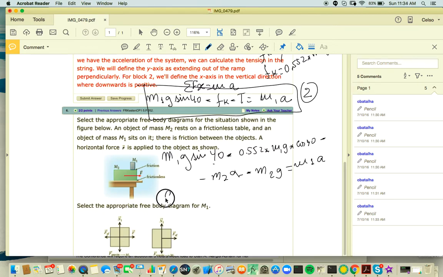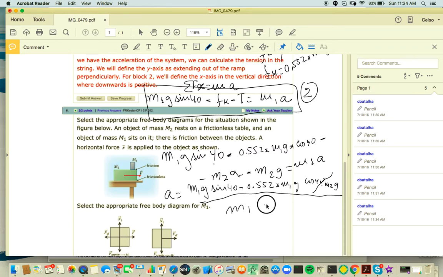So let's do that. Acceleration will be m1g sine of 40 minus 0.552 times m1g cosine of 40 minus m2g, all of this nonsense, divided by m1 plus m2.